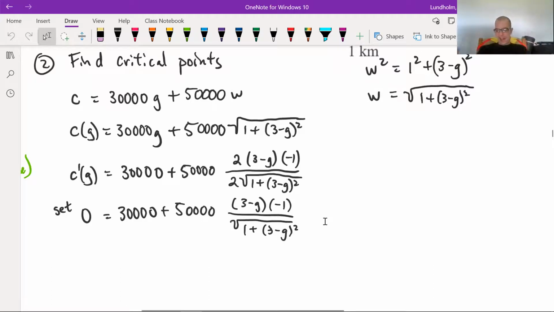So yeah, we could do that. And we could also divide. I'd like to do both of these operations at the same time.